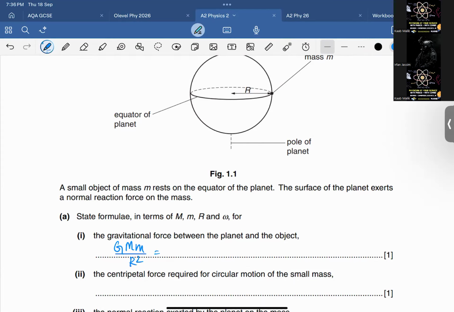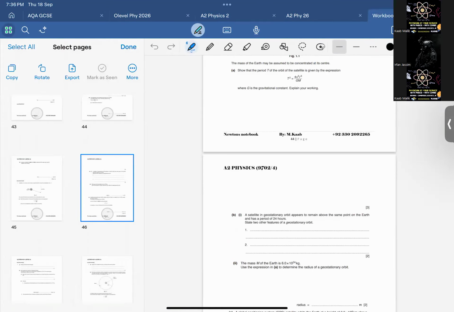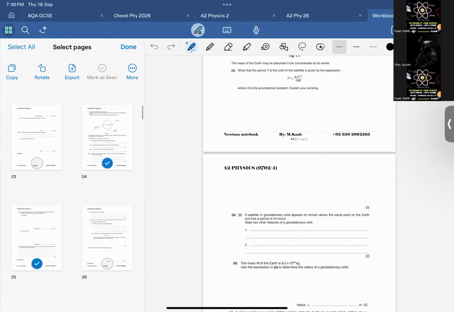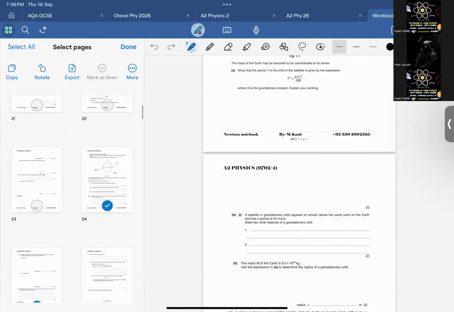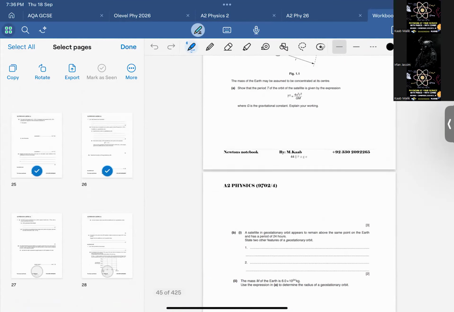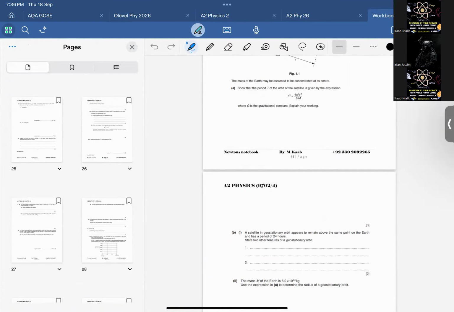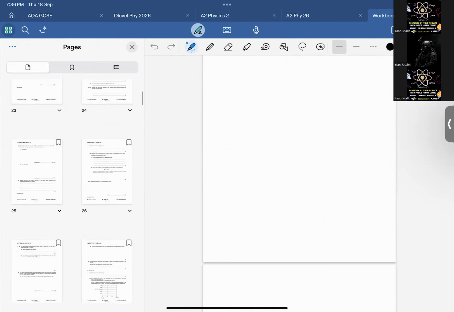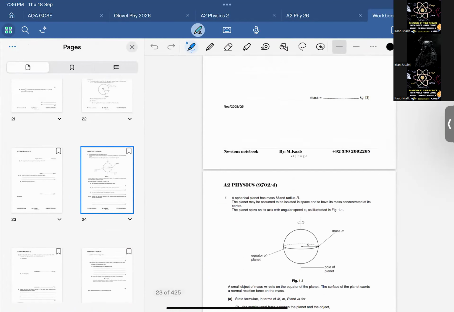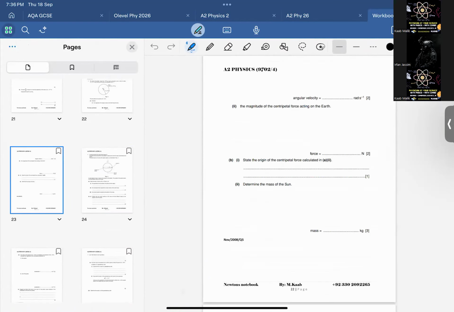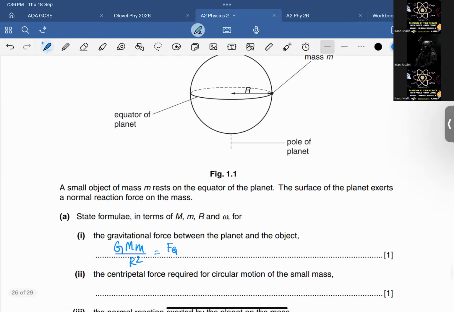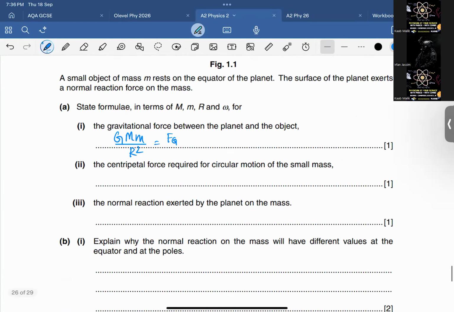This is the gravitational force, right? Clear? Okay, move on, please.